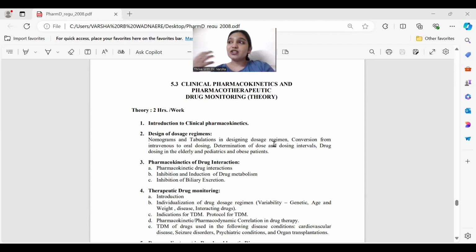Whatever is sold in whatever strength, sometimes it is not required for each and every individual to consume that particular strength. What is available as a standard drug strength and dosage form may need to be adjusted according to your own body. So you will be designing that in this subject.